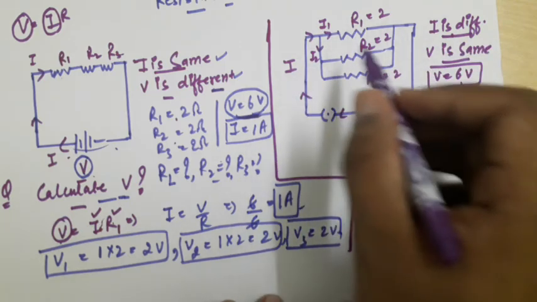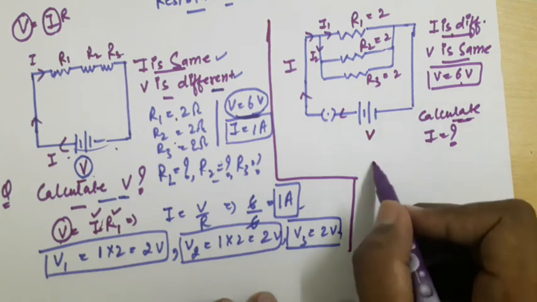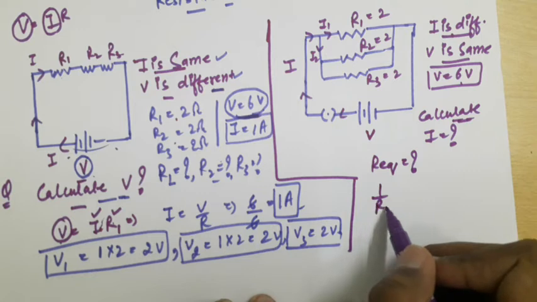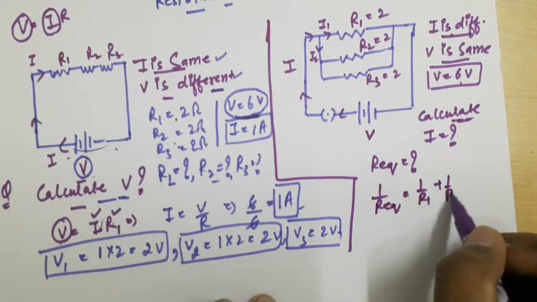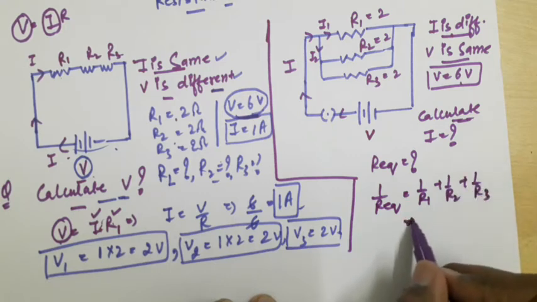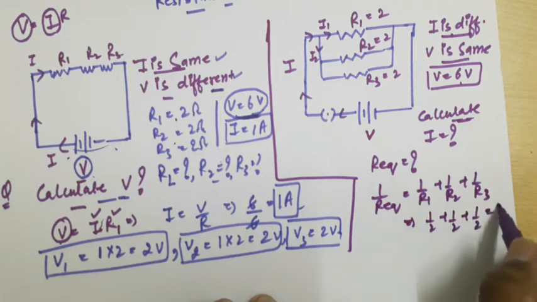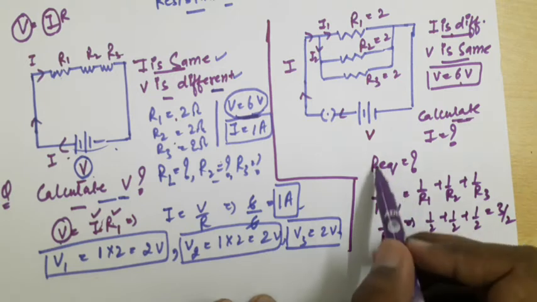Now let us assume if we have to calculate I for the complete circuit, then how can we calculate? First of all we have to calculate R equivalent, right. So in the case of parallel, 1 by R equivalent is 1 by R1 plus 1 by R2 plus 1 by R3, right. So 1 by 2 plus 1 by 2 plus 1 by 2 will become 3 by 2, that is 1 by R equivalent, but we have to calculate the value of R equivalent.